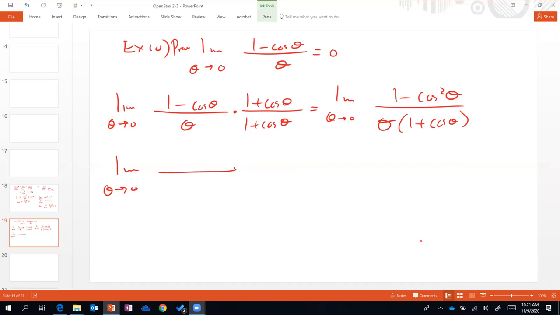The top is sine squared theta. Let's go with that. Can I pull out my new little formula?